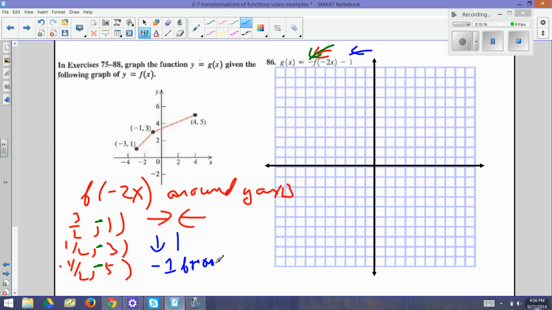So now my points will be 3 halves, comma, subtract 1 from the y, so it's -2. 1 half, subtract 1 from the y, so now it's -4.